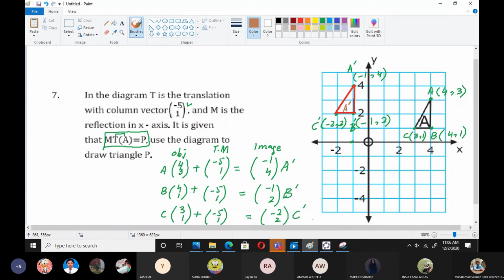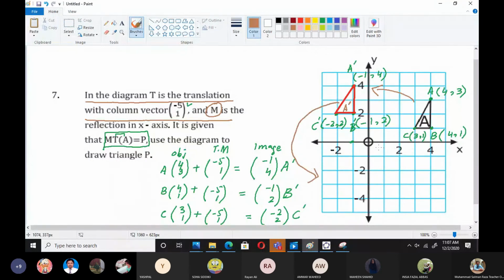Now, the next interesting thing is it says, okay, in the diagram, T is the translation with the column matrix and M is the reflection in the x-axis. It means I need to translate it first, and then I am going to reflect it over here.